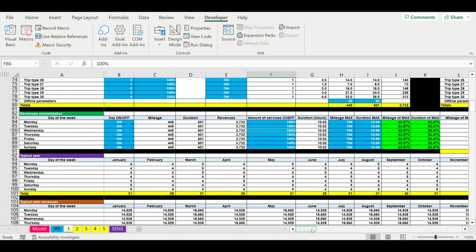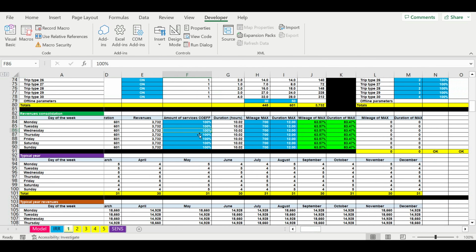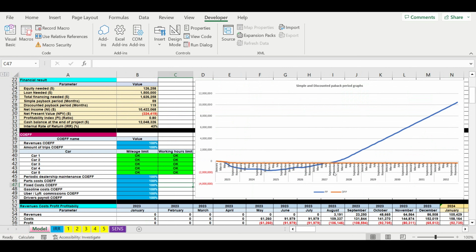So for example, we can say that on Monday we will have just 50% of what we planned, and we will be able to see how this will affect the financial efficiency of our business idea.